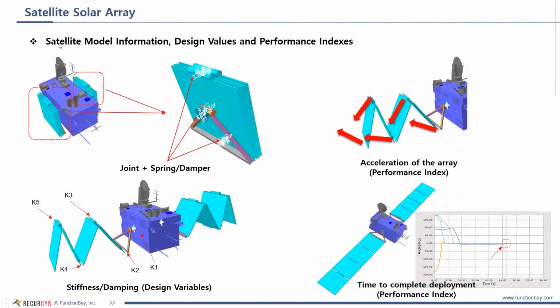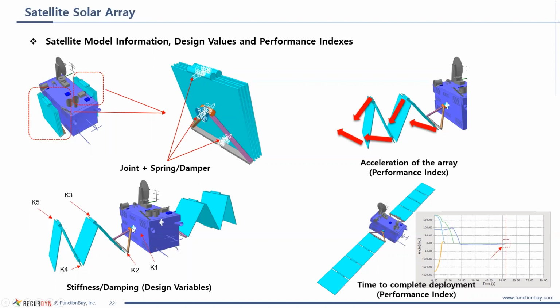The satellite model is shown here, where in the stowed position you can see that the panels are connected with revolute joints, and also springs and dampers at each joint. And then the design variables are the stiffnesses of the rotational springs as well as the damping.